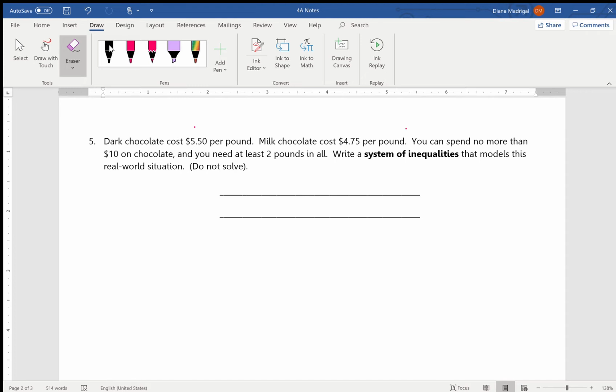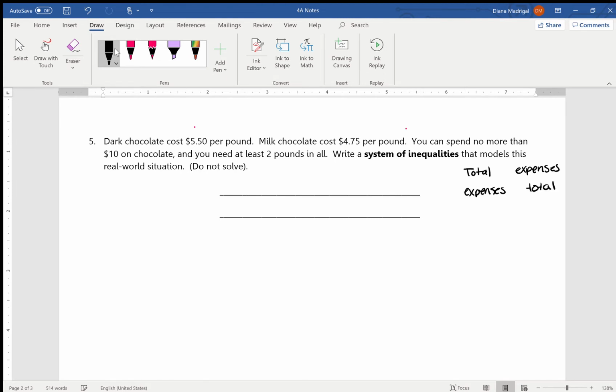You're going to use two variables for both inequalities, and we're also going to be using the same process as for equations, where you can either write it as the total on one side and the expenses on the other, or backwards, expenses on one side and the total on the other side.